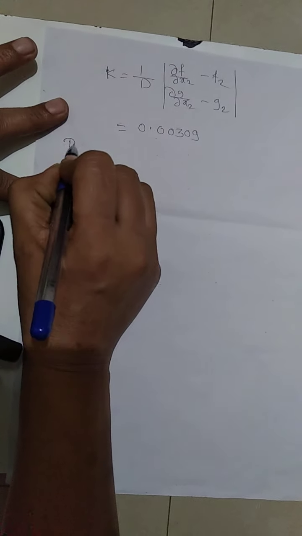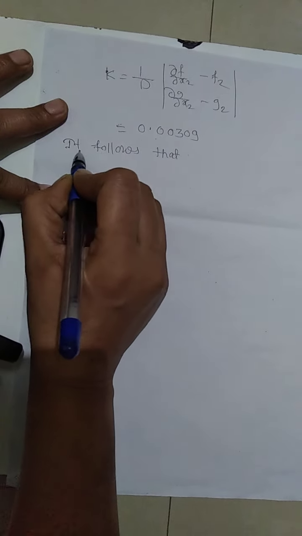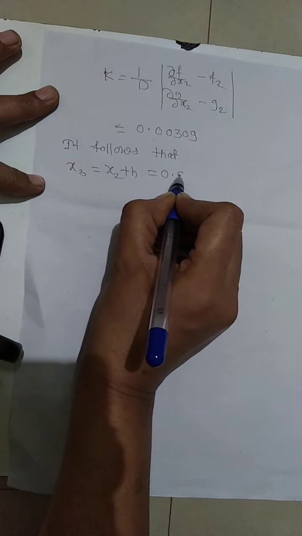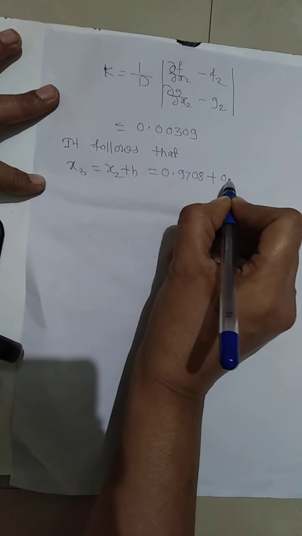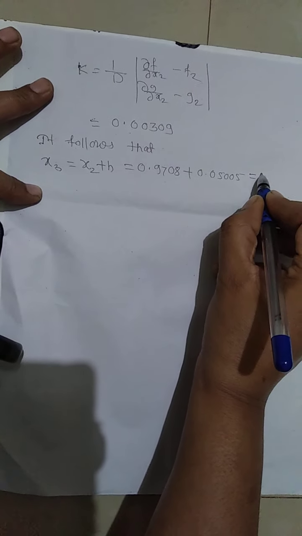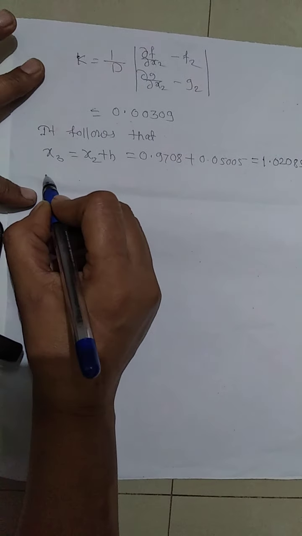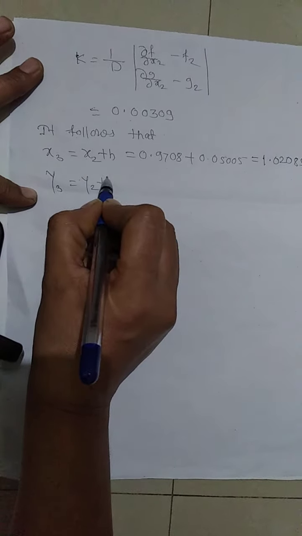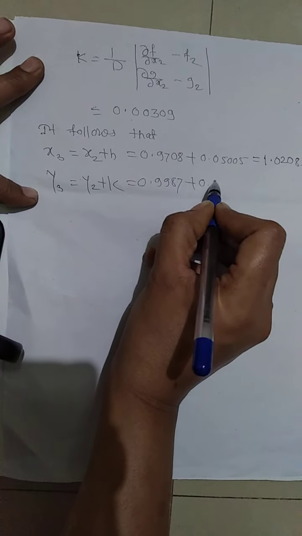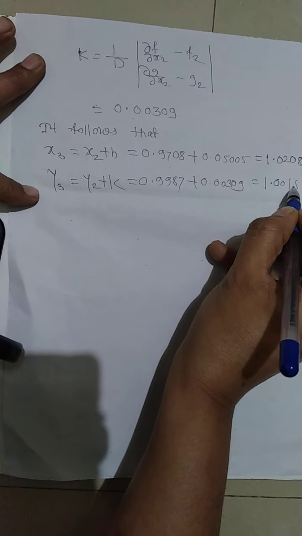It follows that x3 is equal to x2 plus h, that is equal to 0.9708 plus 0.05005, and that is equal to 1.02085. And y3 is equal to y2 plus k, that is 0.9987 plus 0.00309 is equal to 1.0018.